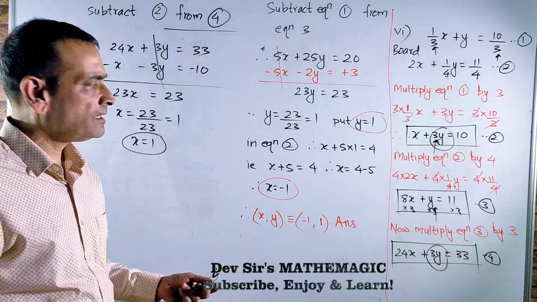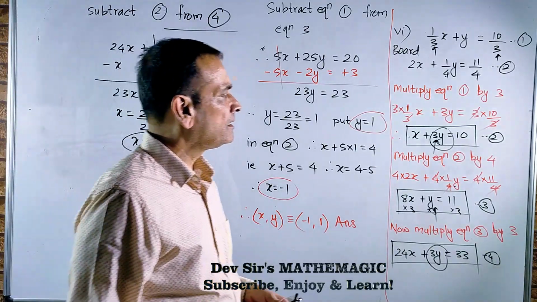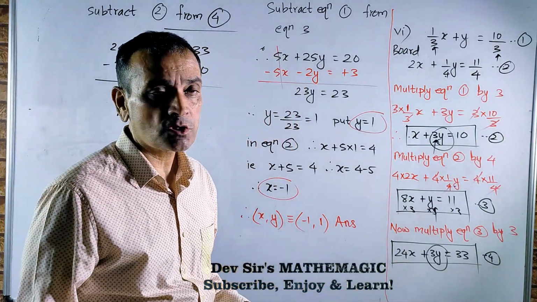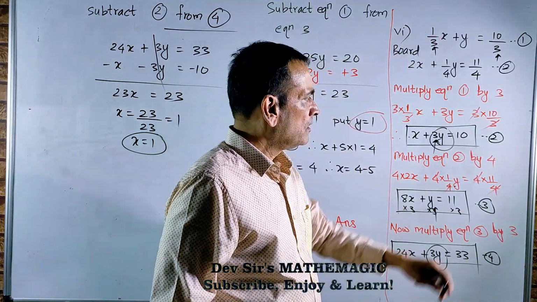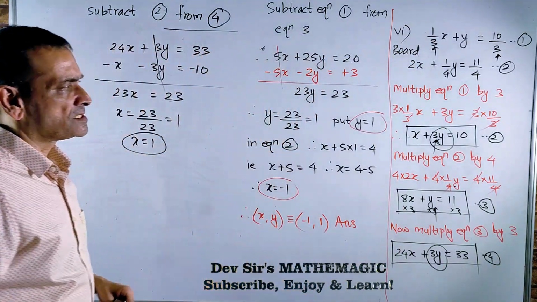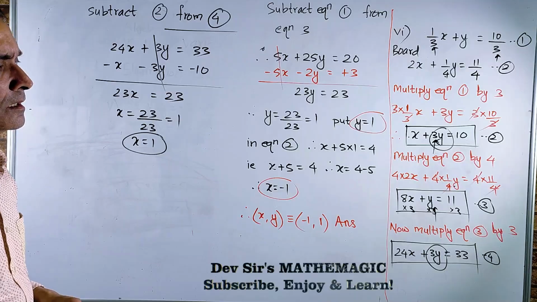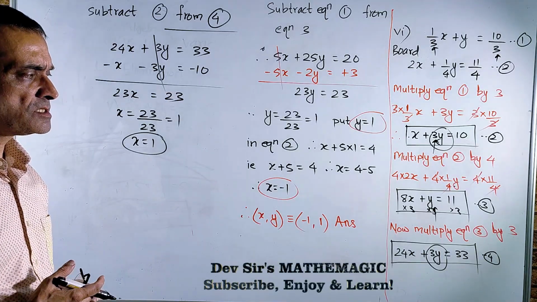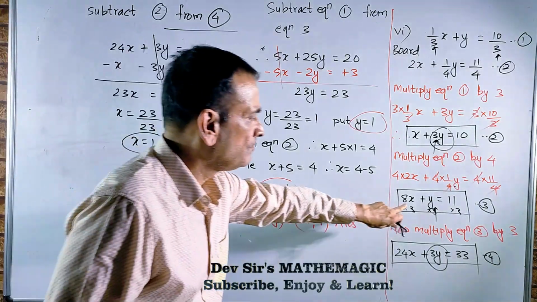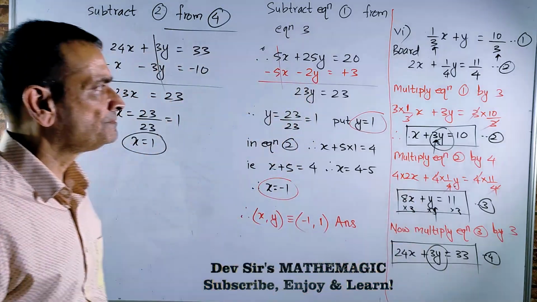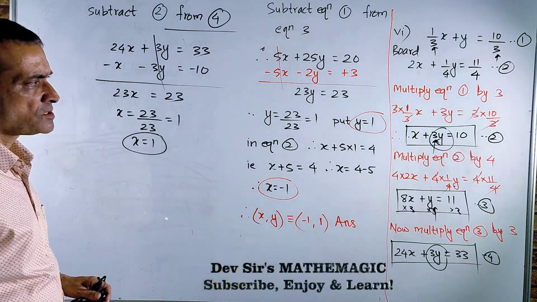अभी आसान सी बात है. Put x equal to 1. अभी कौन सी इक्वेशन चूज करोगे? Forget about fractions. Okay? Forget about fractions. कौन सी भी इक्वेशन सिलेक्ट करो. Simple one. Equation 3. Right? So let us write that.